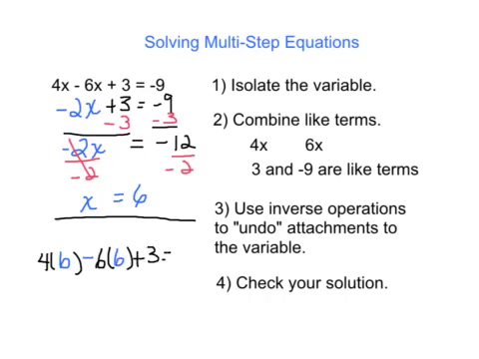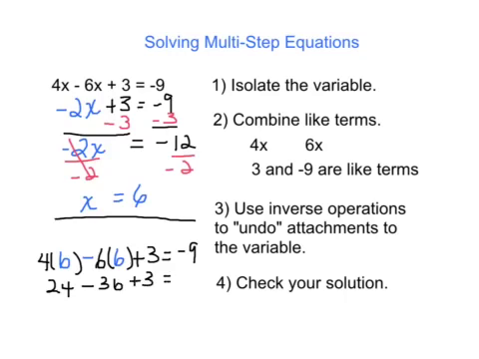We want to know, is that equal to a negative 9? Well, 4 times 6 is 24, minus 6 times 6 is 36, plus 3.